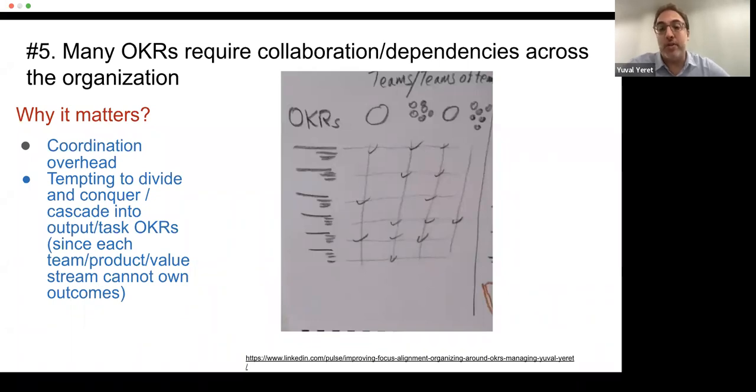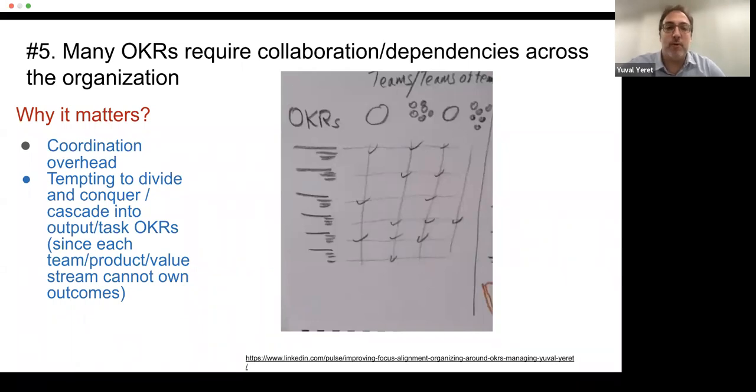If we're trying to move the needle on things that are really strategic for the organization, the nature of the beast is we might need multiple functions. We might need to cut across different areas, whether that's marketing, HR, sales, product development, product management.